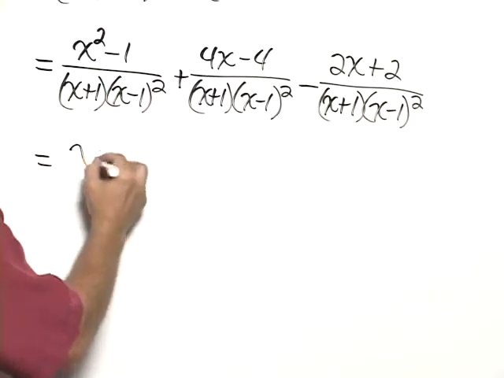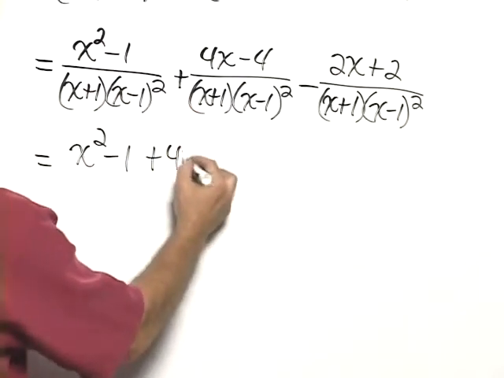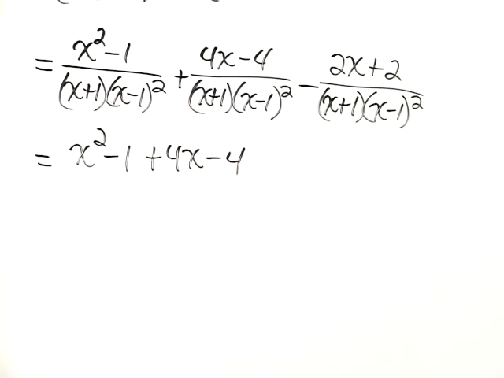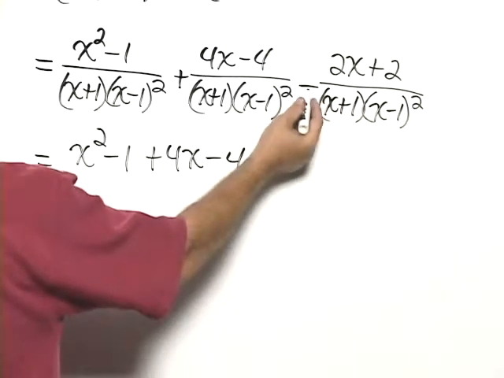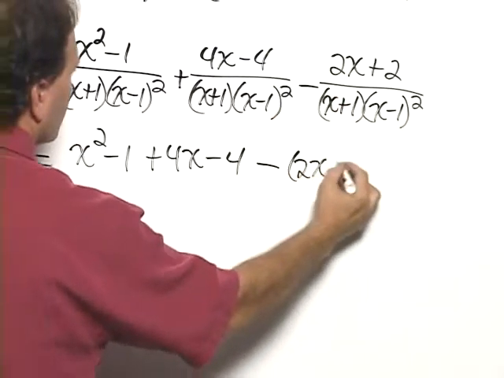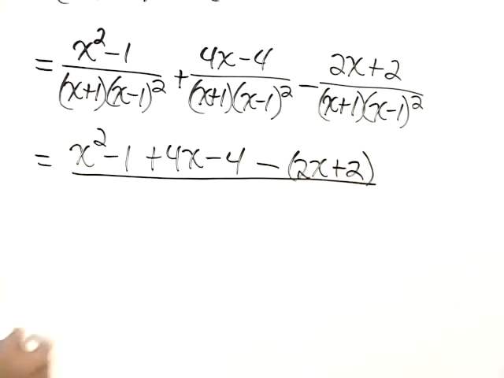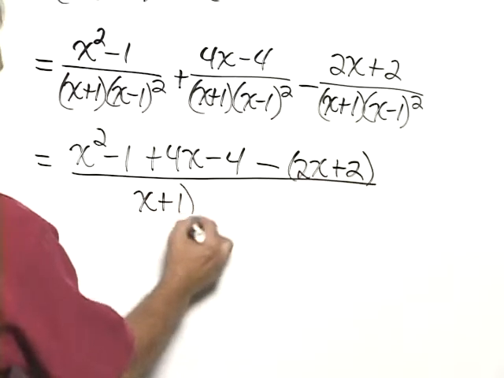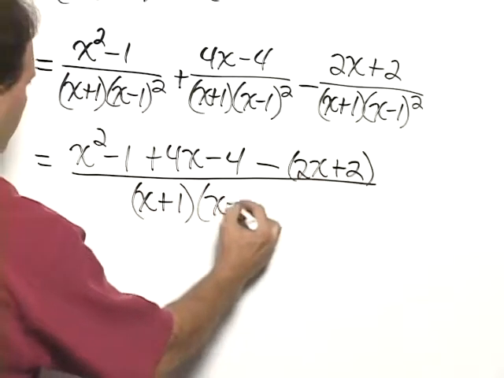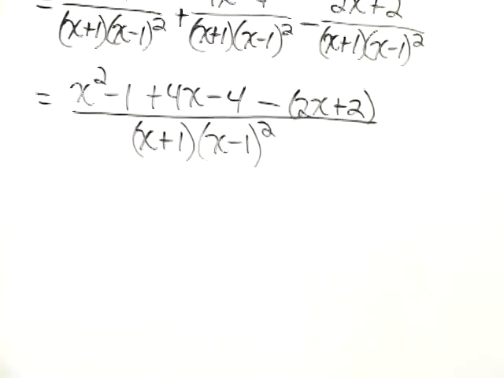Now let's combine the numerators. We have x squared minus 1 plus 4x minus 4, but now we have minus, and I'll put it in parentheses, 2x plus 2, all of that over the common denominator of x plus 1 times the quantity x minus 1 squared.